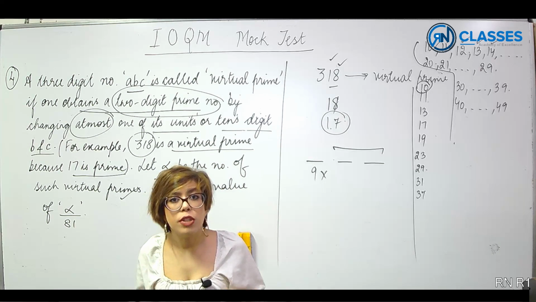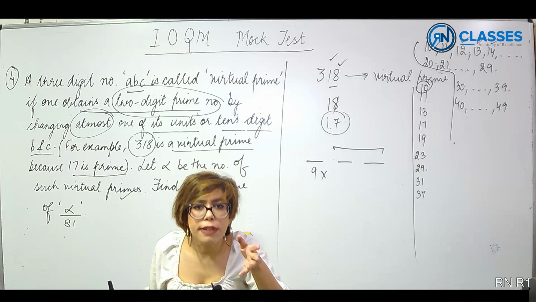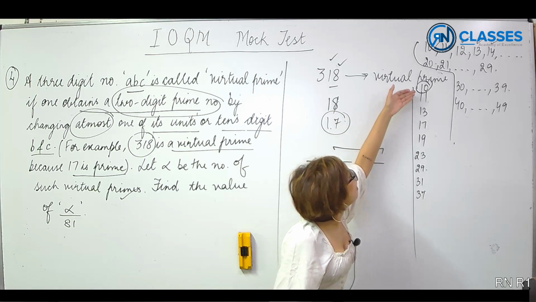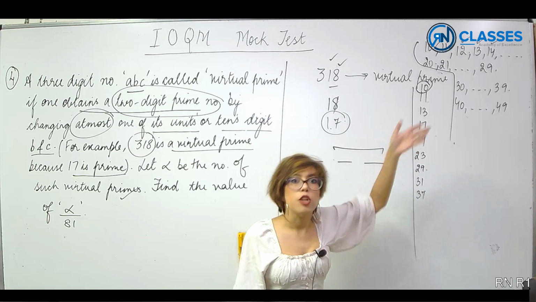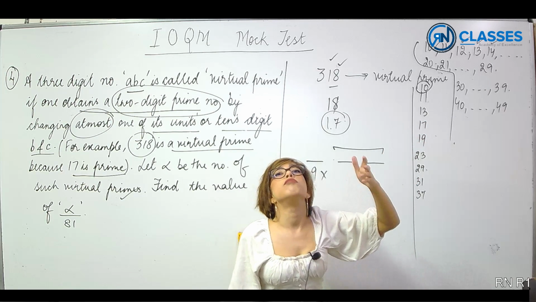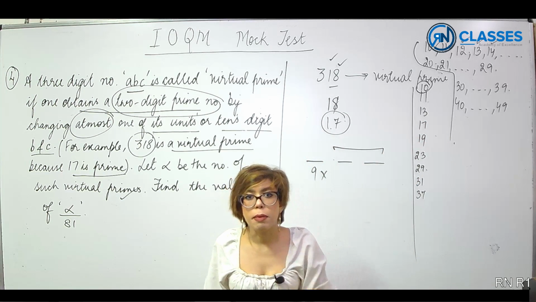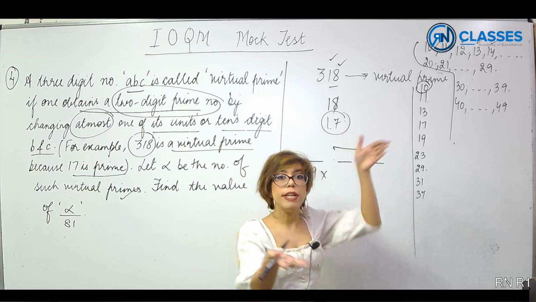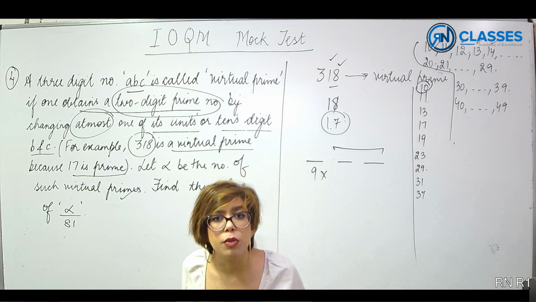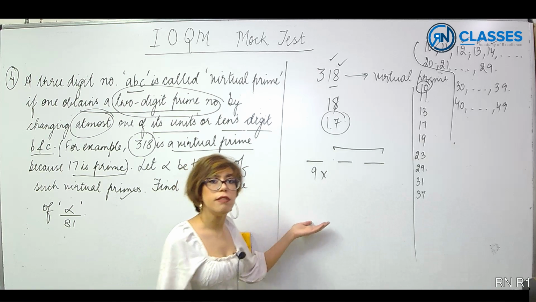You take any 2 digits, you just need to change one of its digits and you'll get a prime number. Why? Because in all the 10s from 11 to 20, you have a prime number. From 21 to 29, you have a prime number. From 30 to 39, you have a prime number. So in chunks of 10, you have a prime number anyways. So that means any 2-digit number you take, you will get a virtual prime.